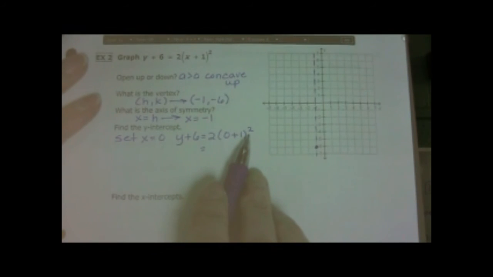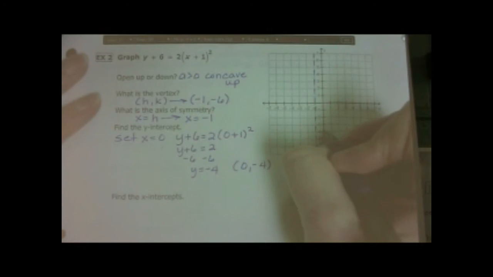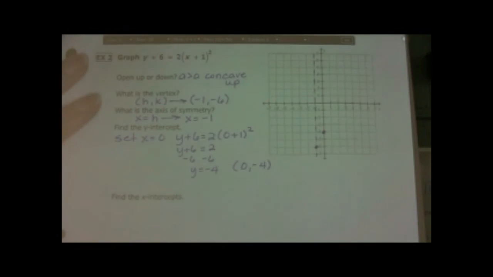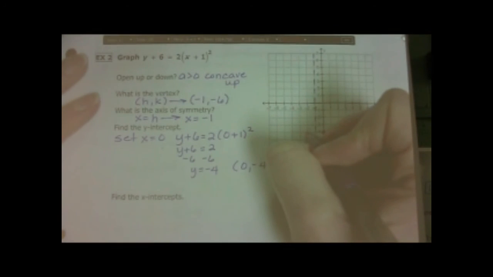Square that, you get 1, times 2 is 2. So y plus 6 equals 2. Subtract 6 from both sides, and you get y equals -4. So my y-intercept is (0, -4). And that's right here. And remember, this is my axis of symmetry, which means there's a mirror image point on the other side. So I can draw that in.